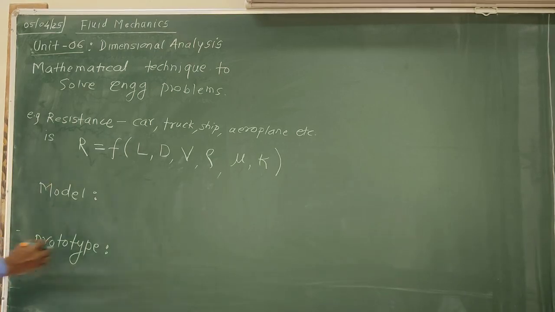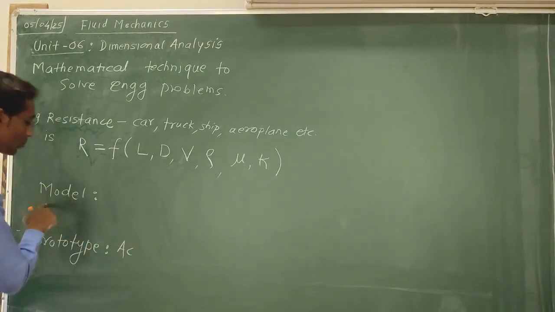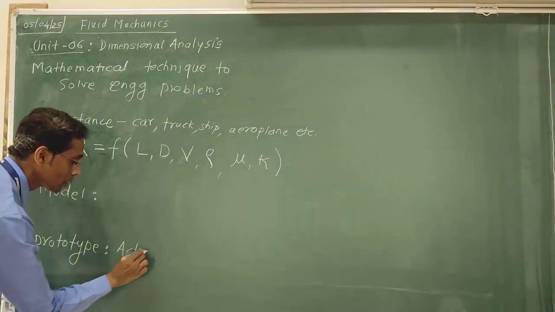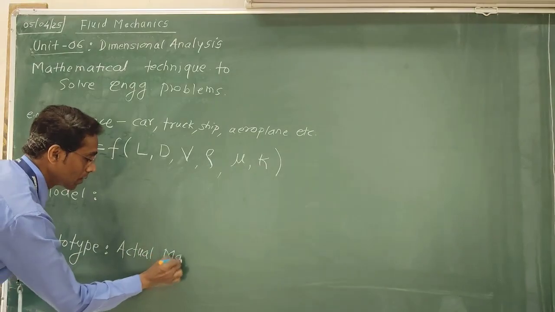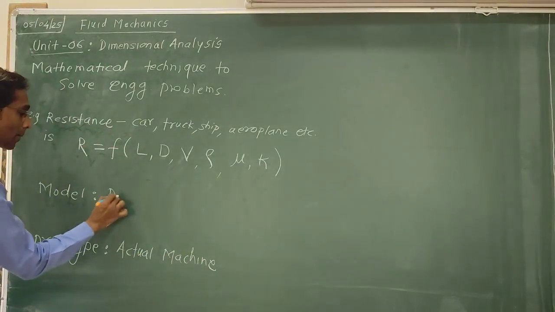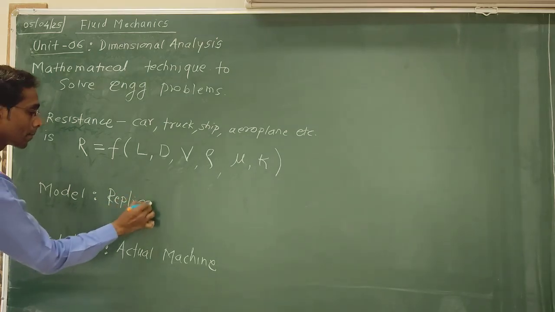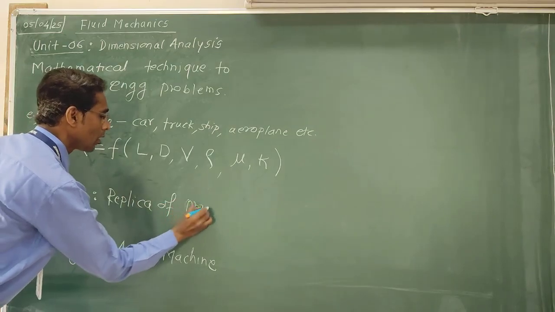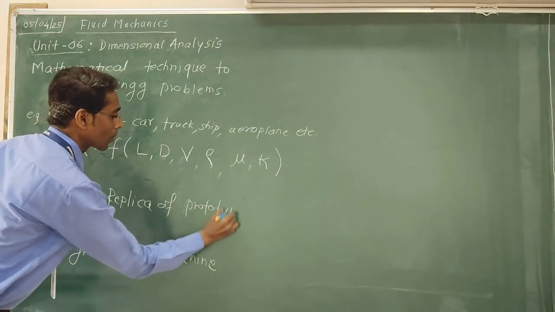So prototype is actual machine, and model is what? Replica. So write down definition: actual machine. And this is what? Replica or copy.